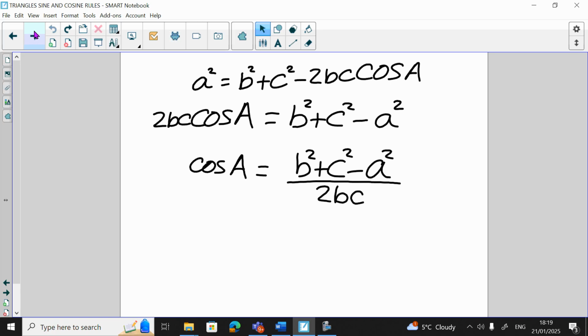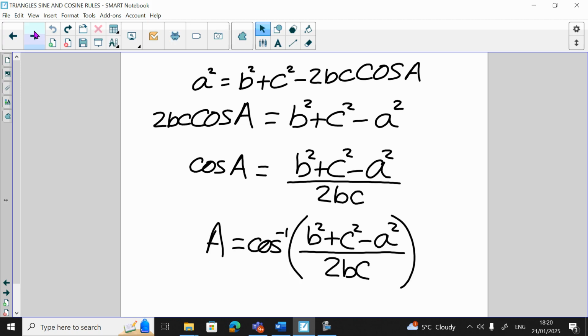Cos A equals B squared plus C squared minus A squared on the top, divided by 2BC. Or I like to take it all the way to get A on its own. So I need to get rid of that cos on the left hand side. And the opposite of cos is inverse cos, or cos with a minus 1. So I take it all the way to there.